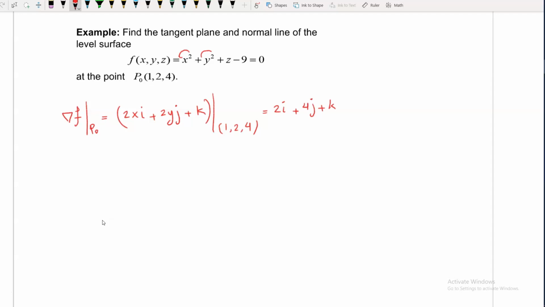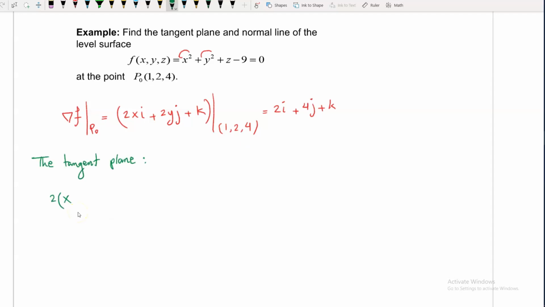So here we have 2 times 1 times i. Then we have 2 times y, so y is 2, we have 4j. And then we have 1 times k. So here we have 2i plus 4j plus k based on this point.